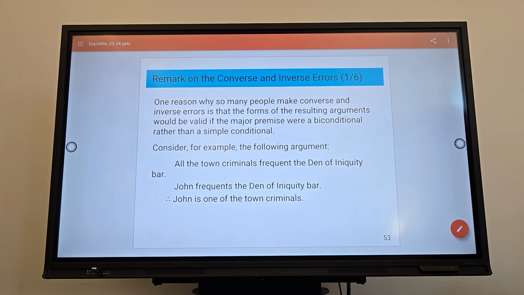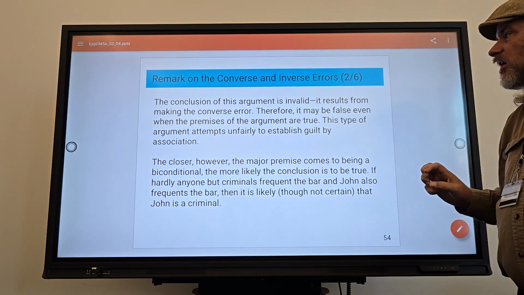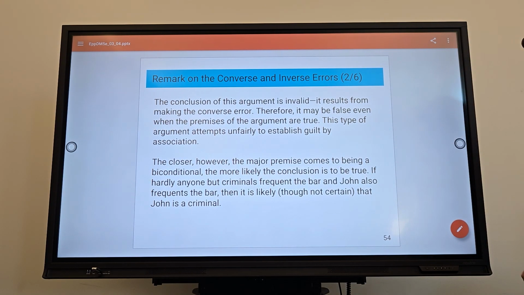Therefore, John is one of the town's criminals. Not necessarily true. It is invalid. It results from converse error. Therefore, it may be false even when the premises of the argument are true.